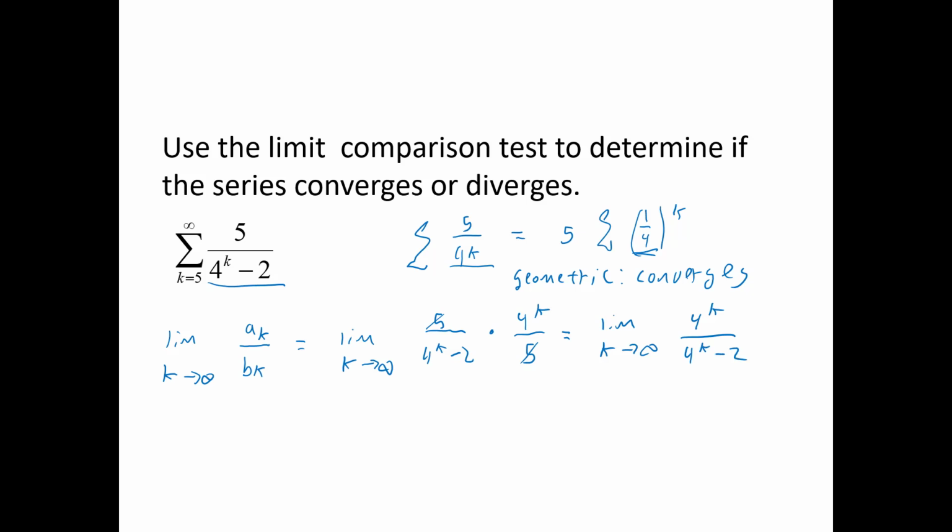Okay, now this is not a rational function. You're not allowed to use the rational function results because it's not a rational function. You can use the idea of the rational function, and what we did is we looked at the bottom and multiplied by 1 over the largest power on the bottom, and so then we'll multiply the top and bottom by 1 over 4 to the k.